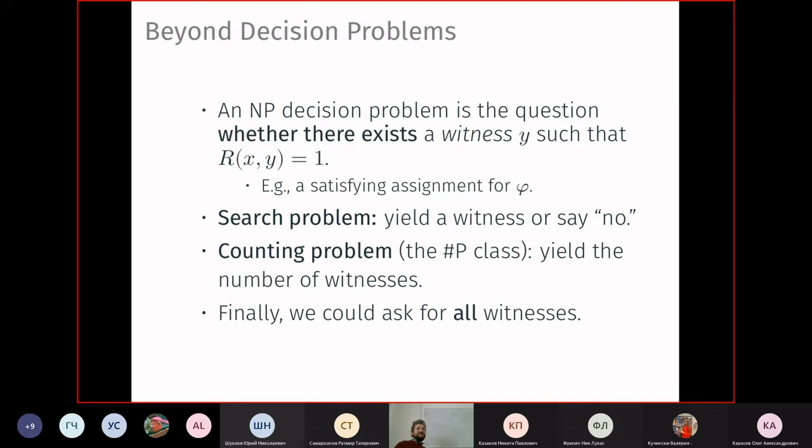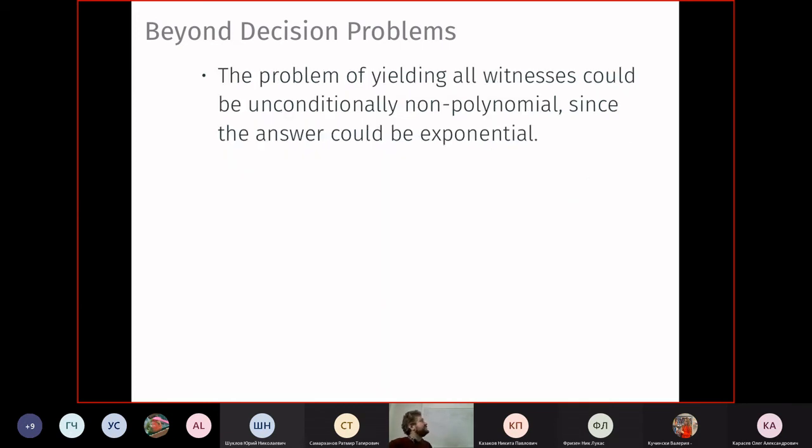Why? How can you do it? Yes, for each concrete satisfying assignment, you have a polynomial time algorithm, and this is the search problem. The problem is that the number of assignments itself could be exponential. Suppose I just do some stupid thing, I just give you constant true, which is just the empty CNF.